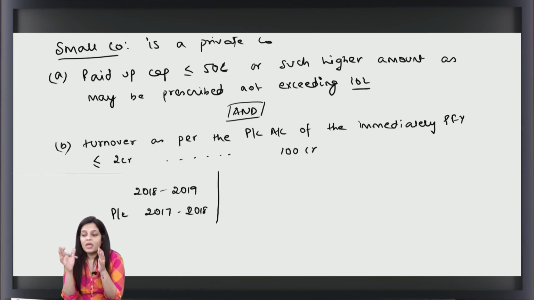That means what? Maybe in the year 2015-16 you got the status of a small company. Maybe in the year 2016-17 you may not get that status.